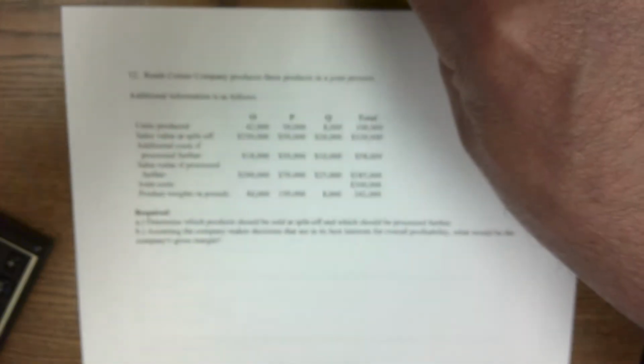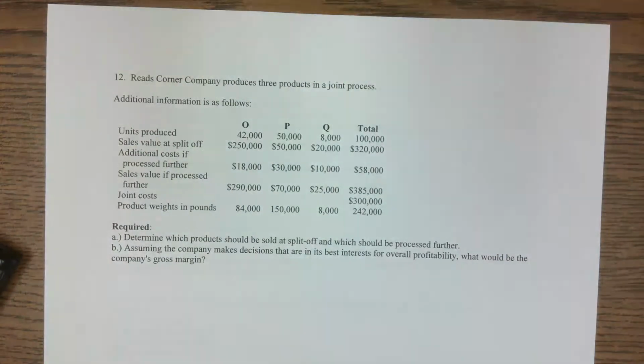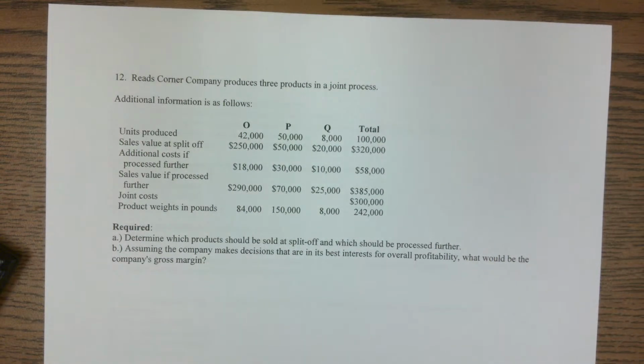Here's another one. Reed's Corner Company produces 3 products in a joint process. Number 1, which should be sold at split off and which should be processed further.